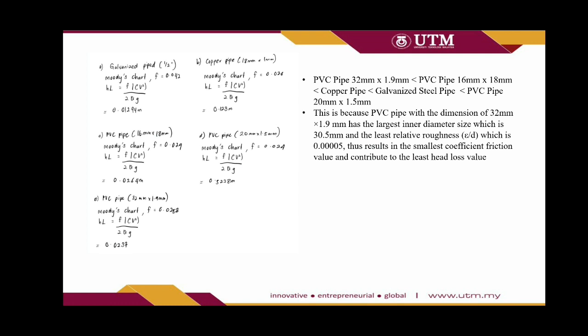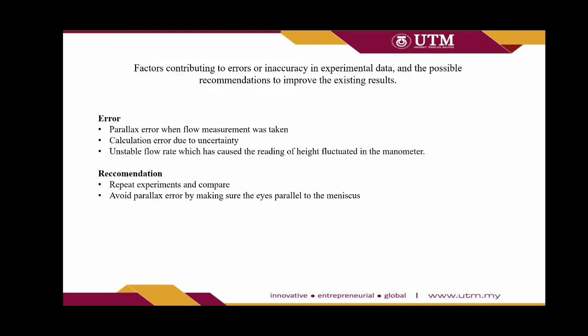This is because the PVC pipe with the dimension of 32 millimeter times 1.9 millimeter has the largest inner diameter, which is 30.5 millimeter, and the least relative roughness, which is 0.00005, thus resulting in the smallest coefficient of friction value and contributing to the least head loss value.